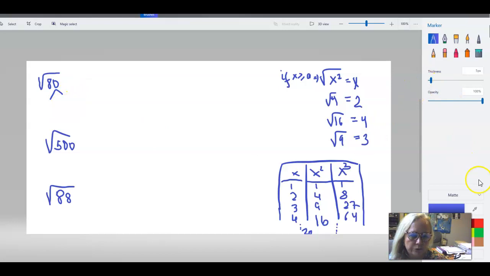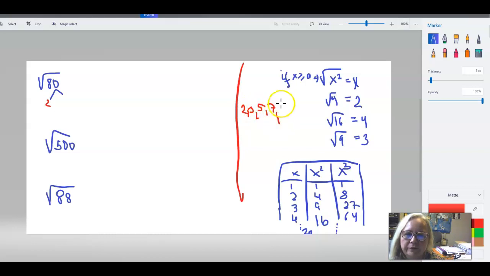But first, how can we see what perfect square is in 80? You can use prime factorization. If you need to refresh on prime factorization, please Google prime factorization using prime numbers as factors. Prime numbers are 2, 3, 5, 7, 11, 13, 17, 19, 23, 29, and so on.